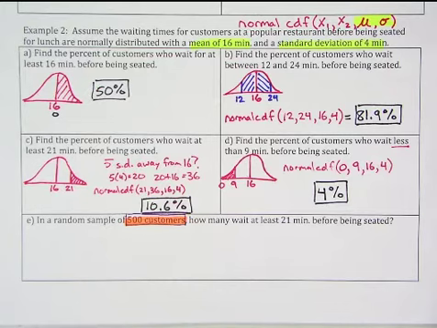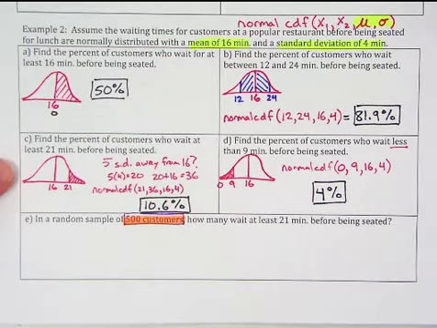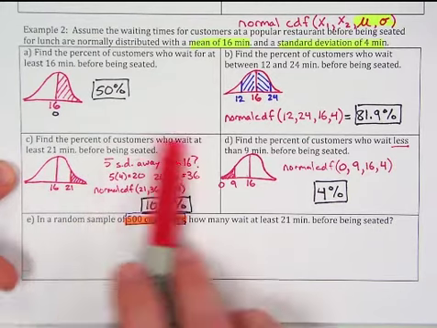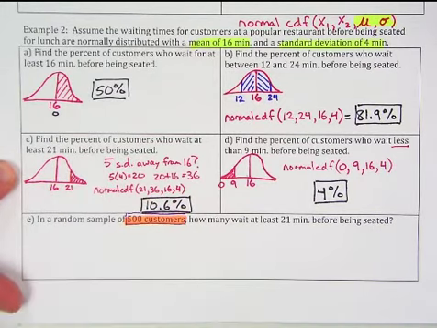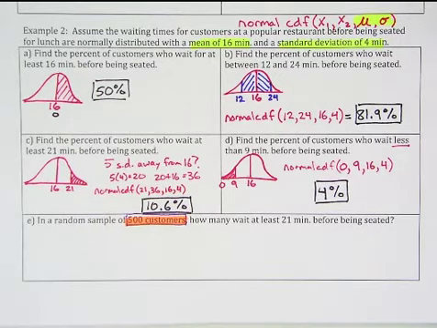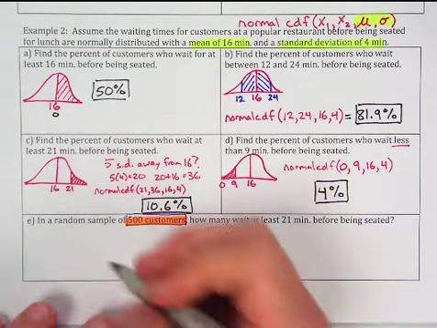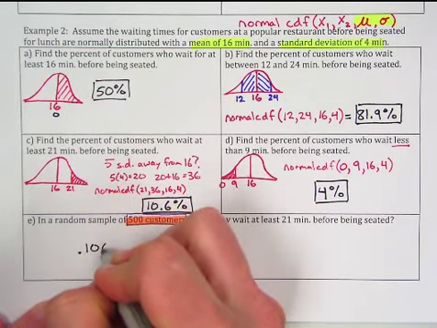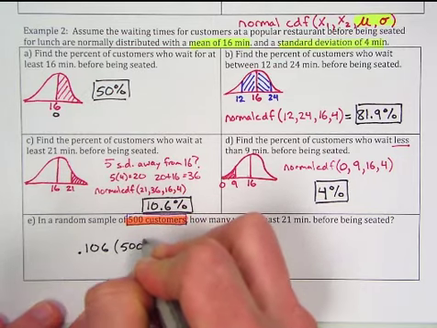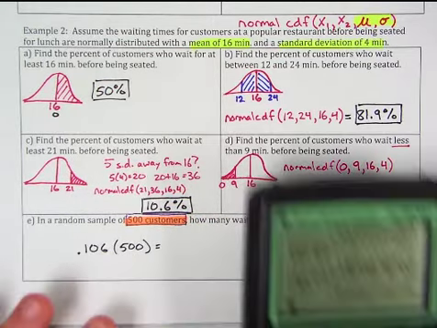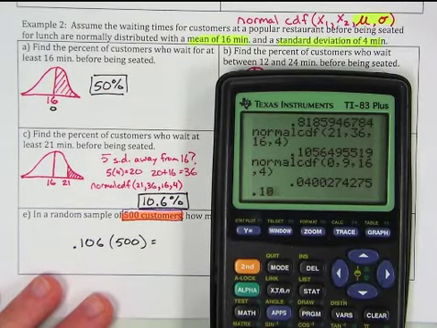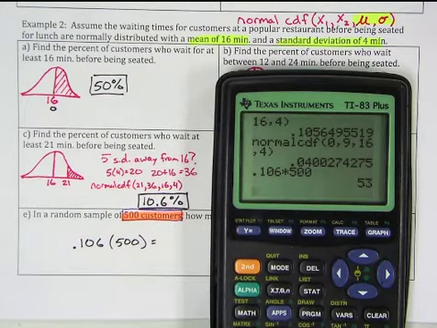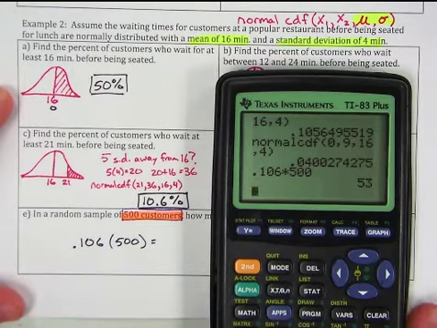Okay, so if we look back at C, we already have the answer to the percentage of customers that wait 21 minutes or more, which was 10.6%. So what we're going to do here is simply multiply 0.106 times the 500 customers, and we can see here about 53 customers will be waiting at least 21 minutes.